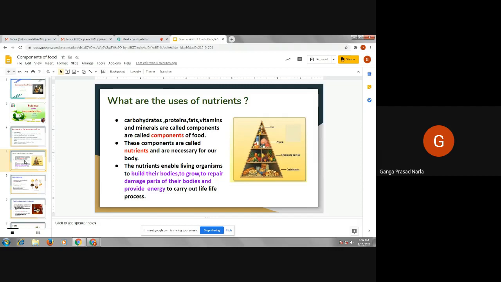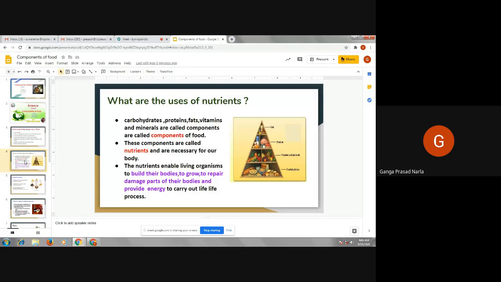So eating the same type of food daily, we may get bored, right? And so we do not get proper nutrients. Eating the same type of food has only one type of nutrient, right? So we need different nutrients, like carbohydrates, proteins, fats, vitamins, and minerals.